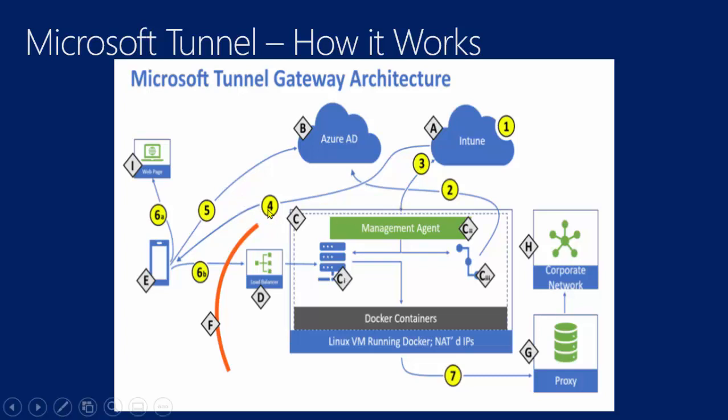Item 4, the Intune administrator ultimately creates and deploys a VPN profile that will direct devices to use the Microsoft Tunnel and the Tunnel app that's installed on the device. Step number 5, the device will authenticate with Azure AD, and if present, conditional access policies will be evaluated at that time. Step number 6, A and B right here, right?